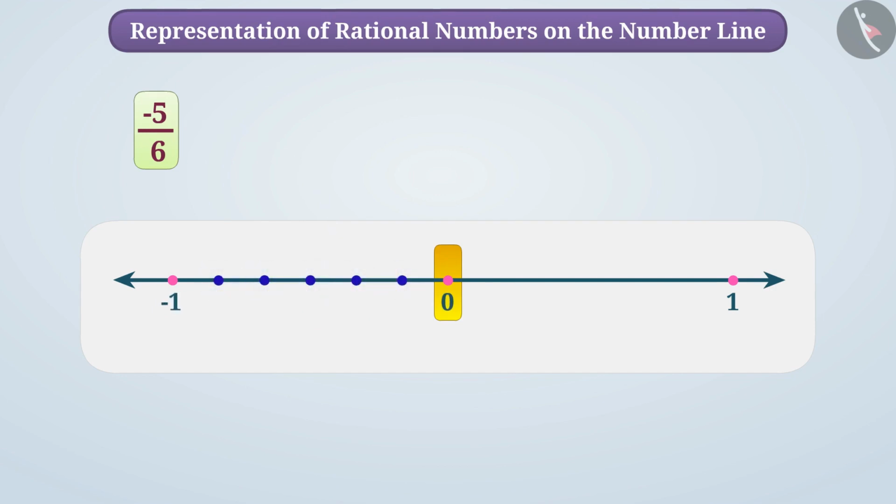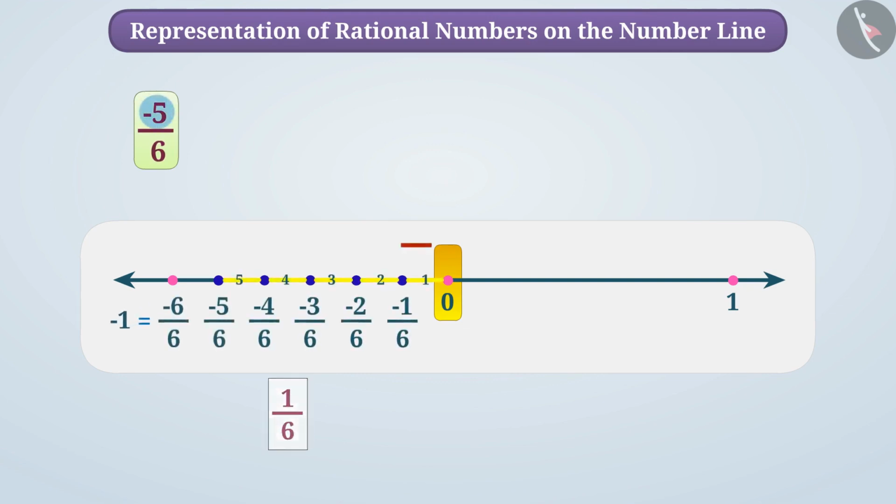In this way, the distance between any two consecutive parts of these 6 parts will be 1 by 6. The fraction of the rational number minus 5 by 6 tells us that we have to take 5 parts of 1 by 6 distance to the left of 0. This will give us the exact location of minus 5 by 6.